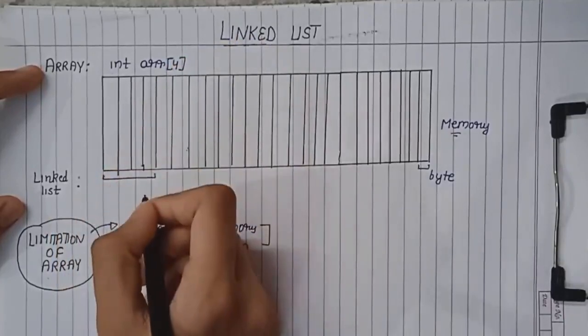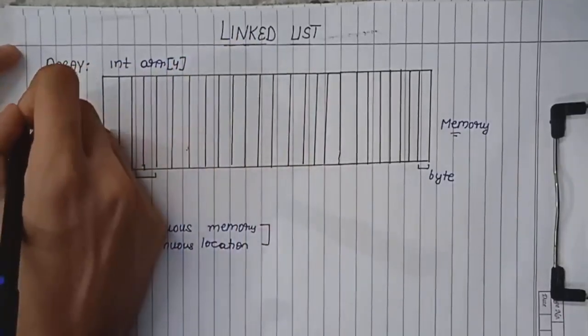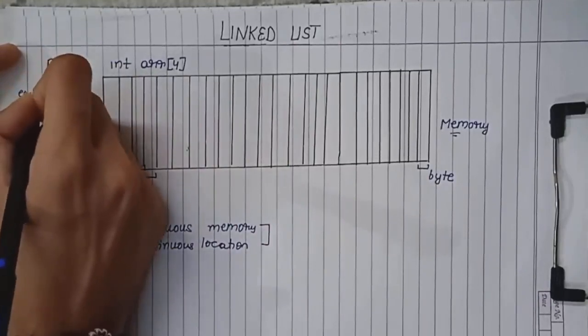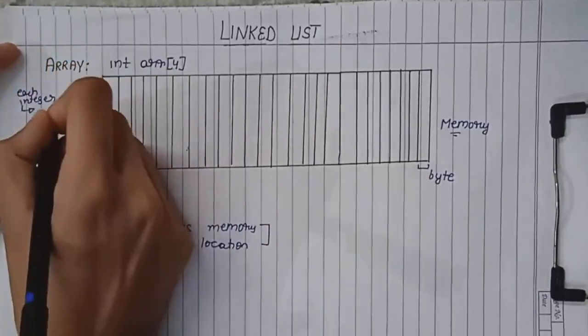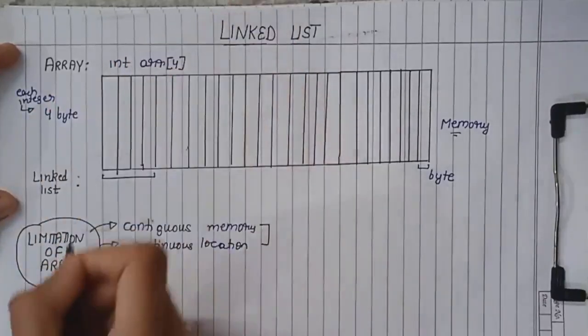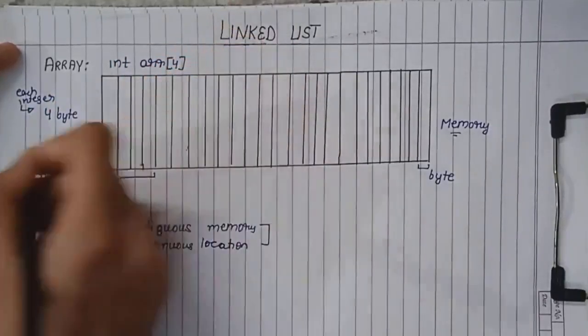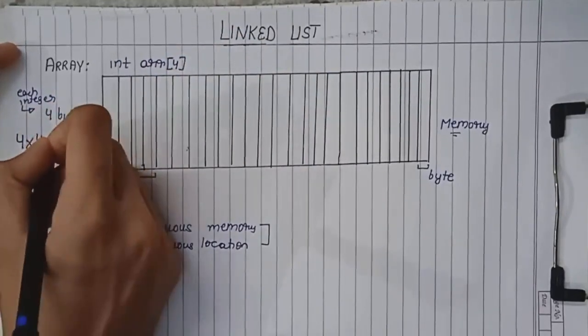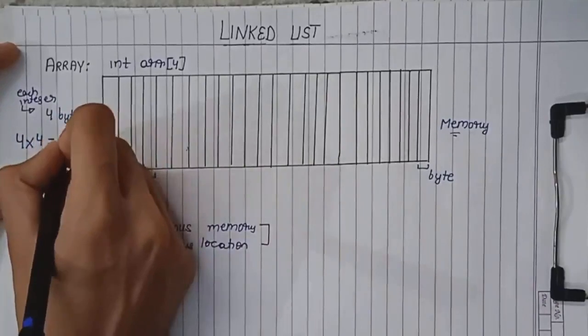Now we know that for each integer we require 4 bytes of memory. And here we have 4 integers, so the total memory that we will require is 4 multiplied by 4, which is 16.